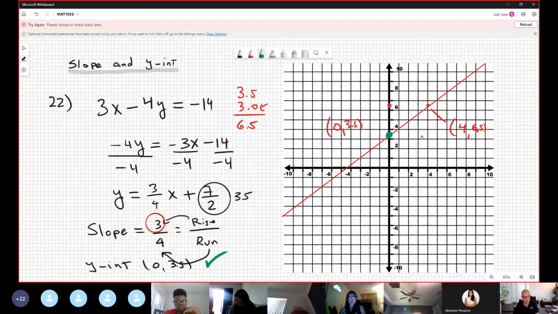Now I move. This segment is the rise, 3. And this segment is 4, the run, because run is 4. From this point you obtain a new point and connect them with the ruler. Is it clear?